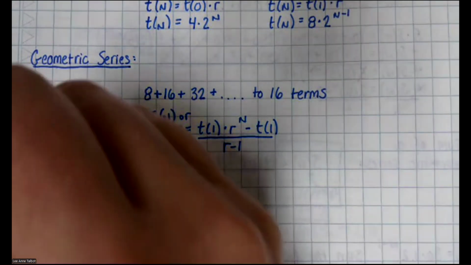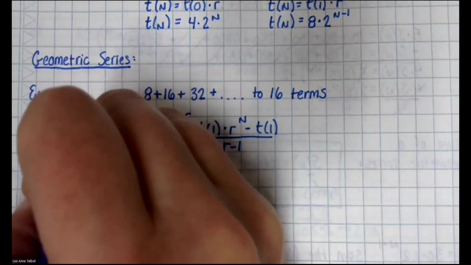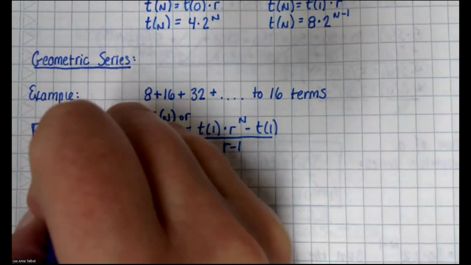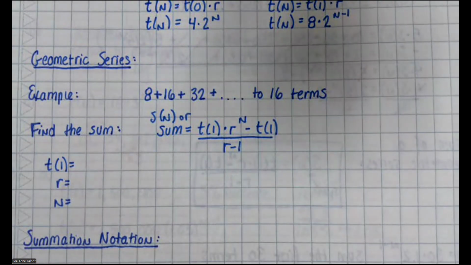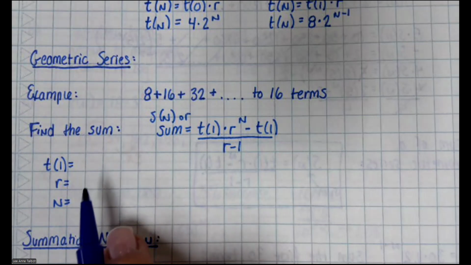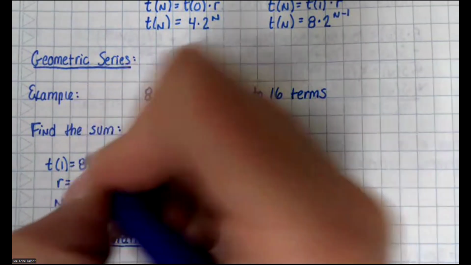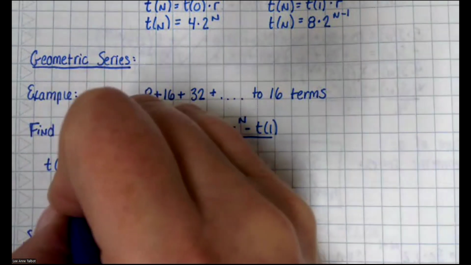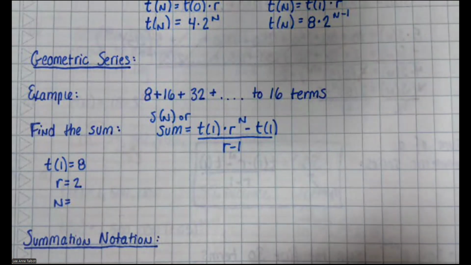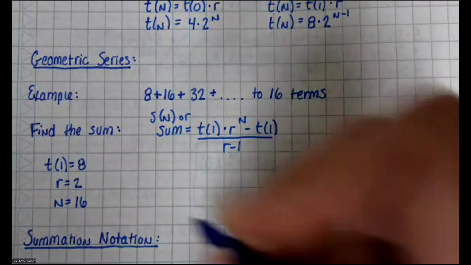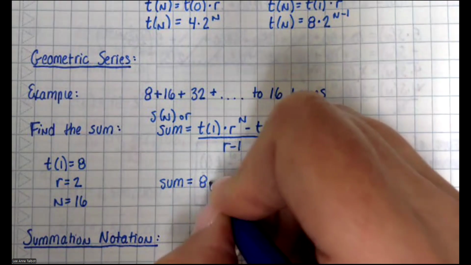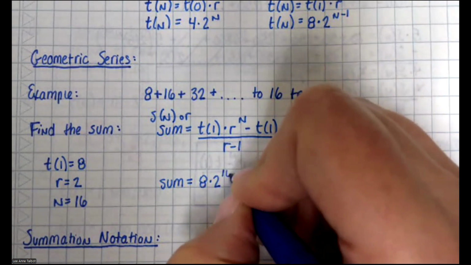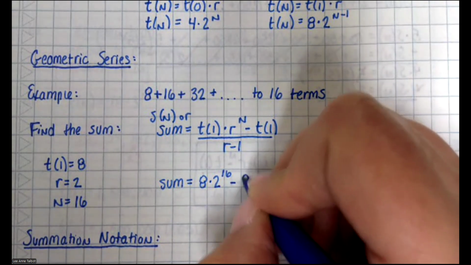Okay, so over here, we need to know three things to do this formula. We need to know the first term, the multiplier, and how many terms we're going out to. Okay, what's the first term in this example? 8. What's the multiplier? 2. And how many terms am I going out to? 16. See, it's not bad once we get the formula.